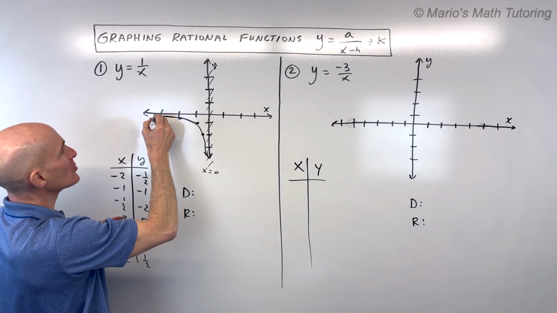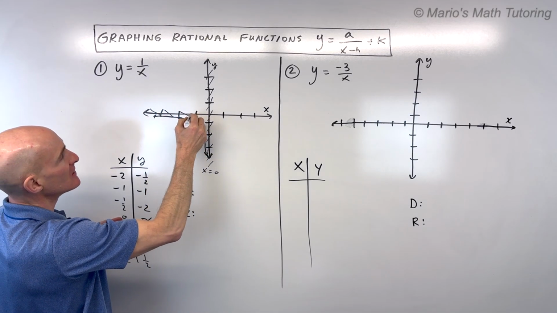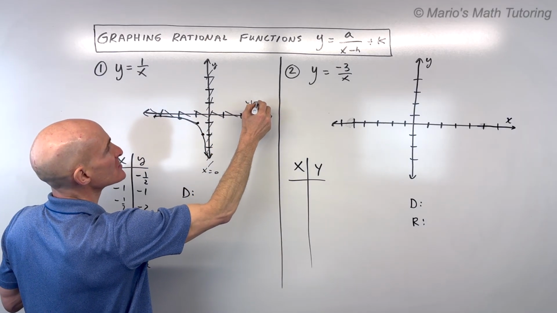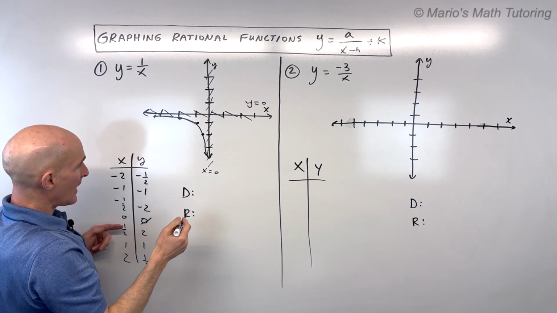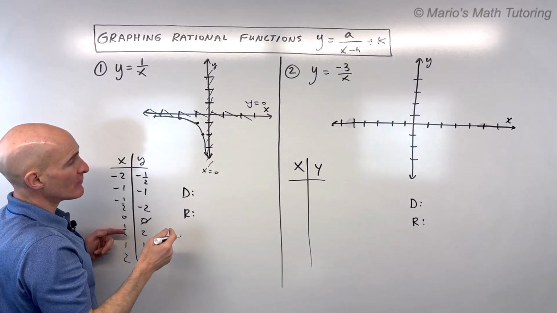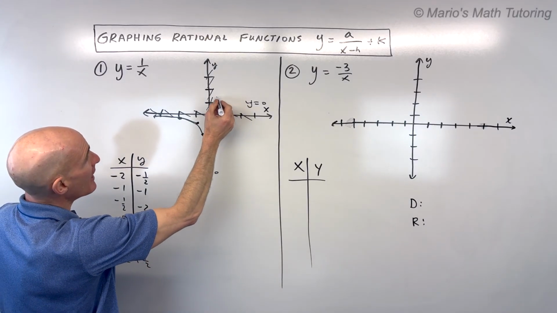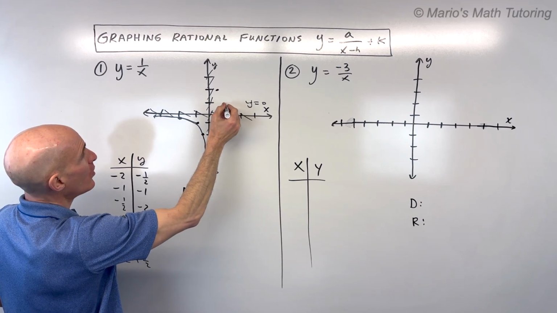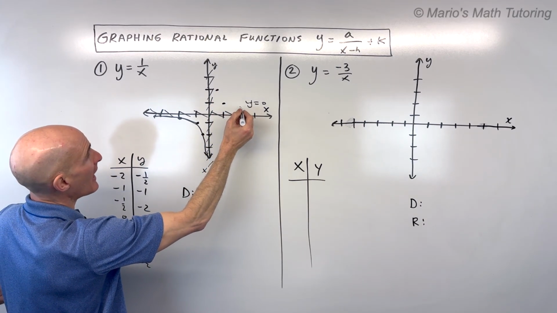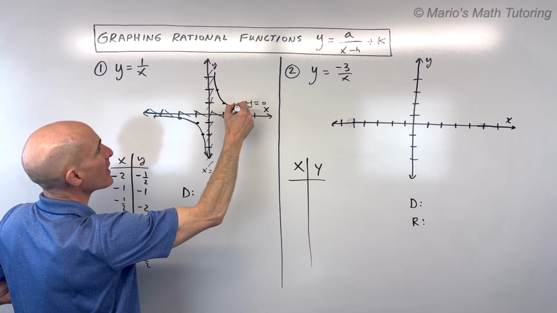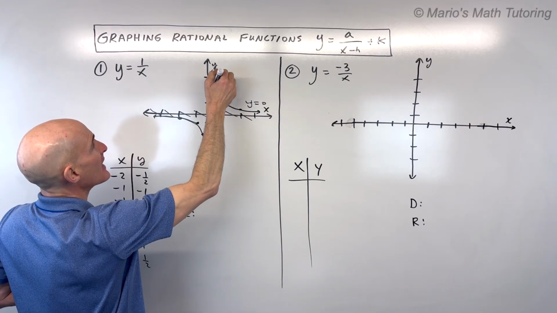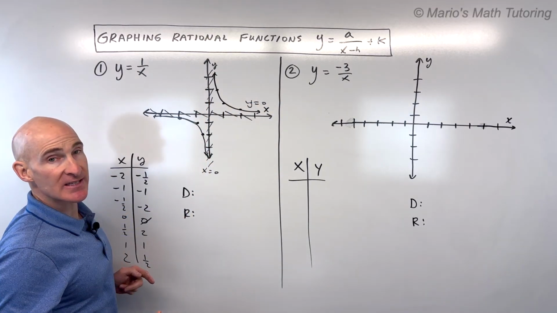It gets closer and closer to the x-axis. This is the line y equals 0. It's our horizontal asymptote. And then it also gets closer to this vertical asymptote, which is the line x equals 0. Now, continuing on, 1/2, 2, 1, 1, and 2, 1/2, we get this other branch of our hyperbola. And again, it gets closer and closer to both of those asymptotes.